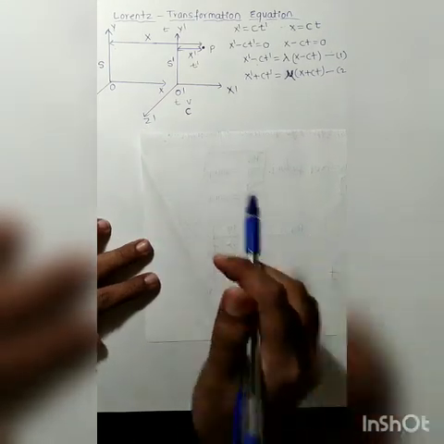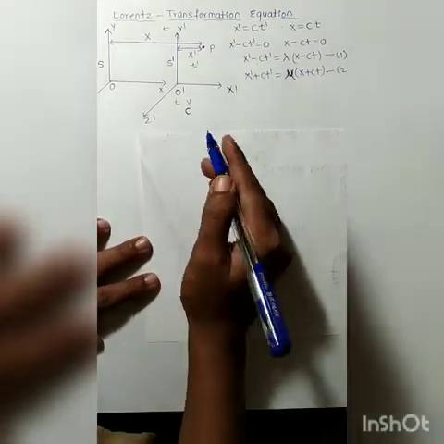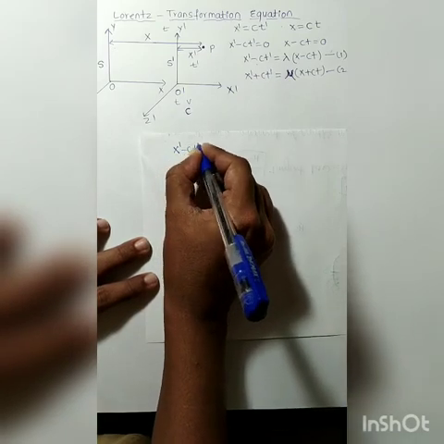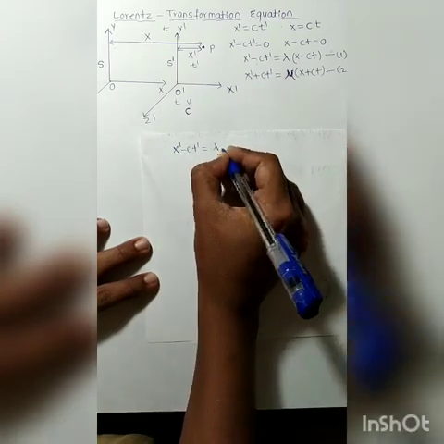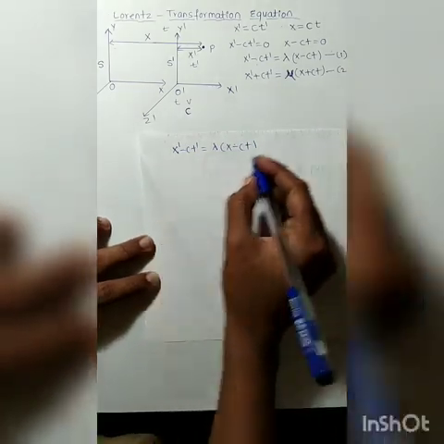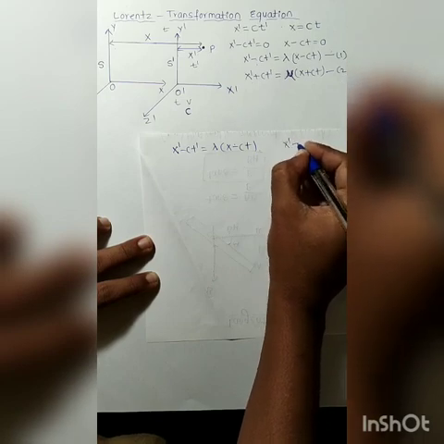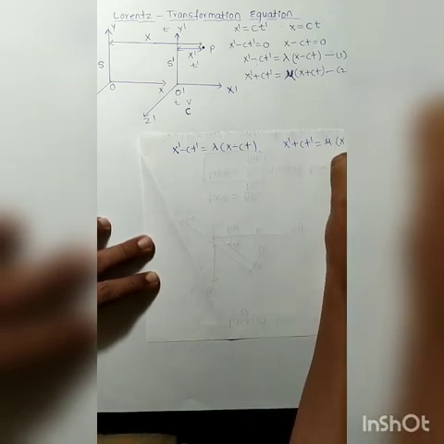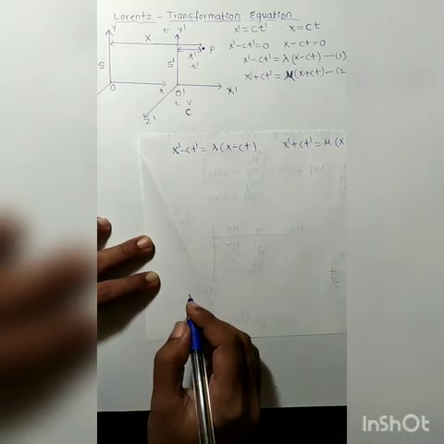So the first equation is x dash minus c t dash is equal to lambda into the bracket x minus ct, and the second equation is x dash plus c t dash is equal to mu into the bracket x plus ct.